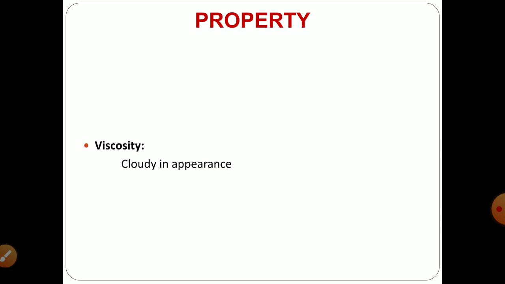When we observe the semi-solid appearance of liquid crystal, it has a cloudy appearance, which means that they can scatter light, much like a colloid, that is, milk. And this light scattering is a consequence of fluctuating regions of non-uniformity as small groups of molecules form and disperse.